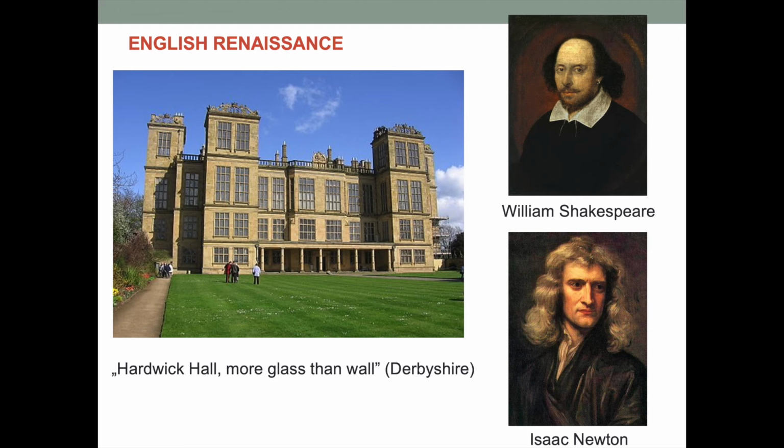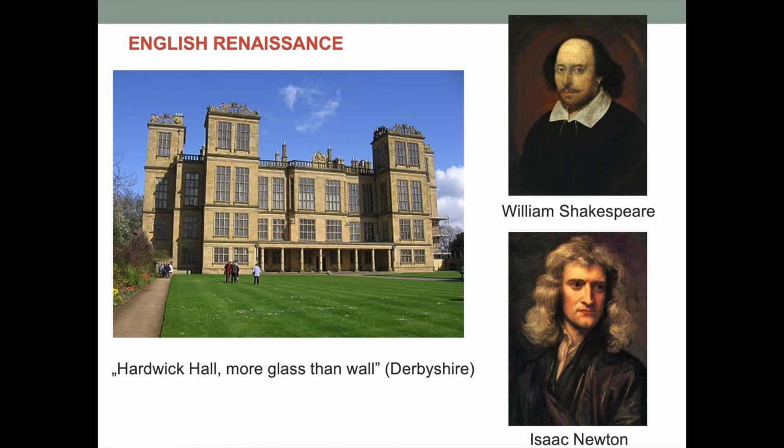And of course we can talk about English Renaissance as the intellectual movement with great minds such as Isaac Newton, the great scientist and intellectual, and also William Shakespeare. We have some of the elements of architecture being relatively similar in Britain than in other parts of Western Europe.